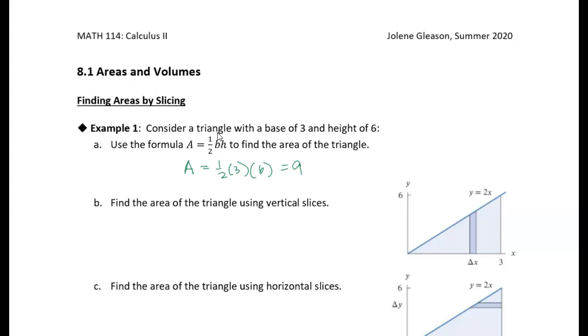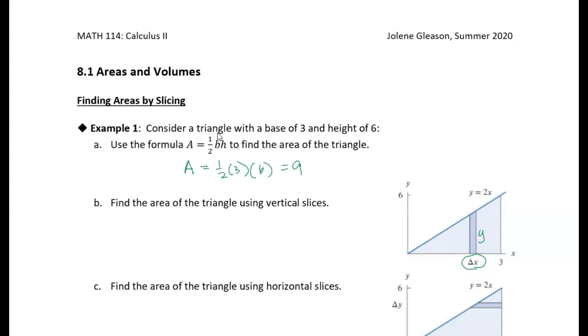All right, so this part B looks exactly like the integrals that you're used to. We're finding the area between the curve and the x-axis. You understand an integral is the limit of the Riemann sums, so we can slice this area into little rectangles where the width is delta x and the height is just the value of the function, y, and in this case y equals 2x.